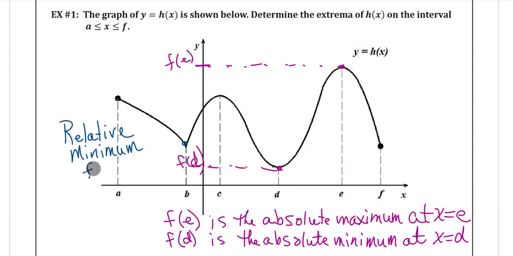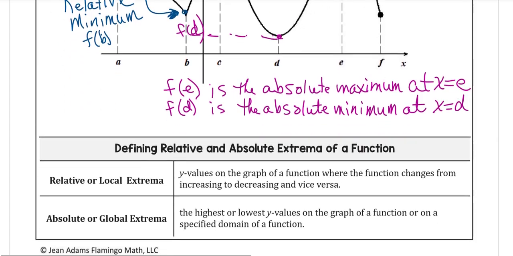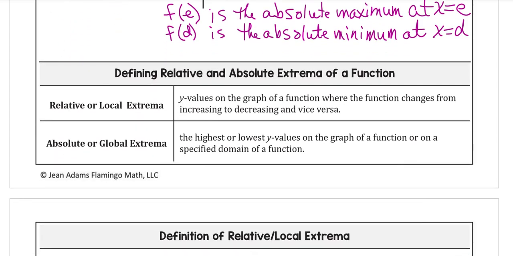And that, of course, is f of B, which occurs at point B. And then, of course, we have a relative maximum right here at point C. So there is a relative maximum, and that is f of C, and that occurs at C. Okay? So, defining relative and absolute extrema of a function.